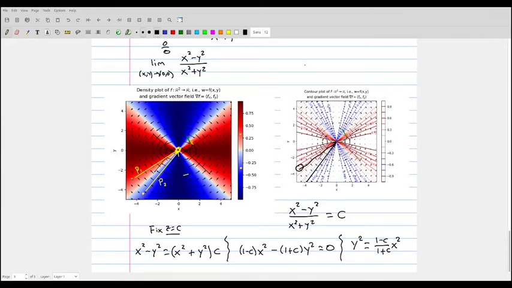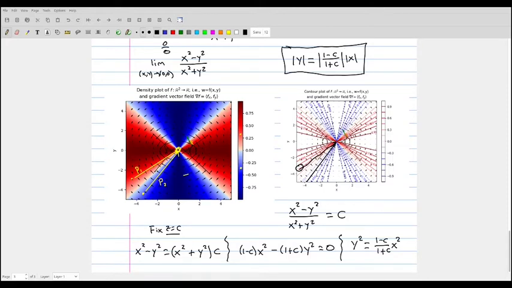And if we take the square root of both sides, that means that the absolute value of y is equal to the absolute value of 1 minus c over 1 plus c times the absolute value of x. So this is the shape of our contour lines, or our level curves for this function. For any given value of c in the range of the function, this is what the level curves are going to look like. And this is exactly what we're seeing.